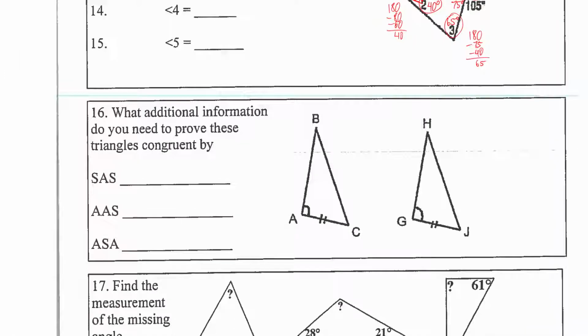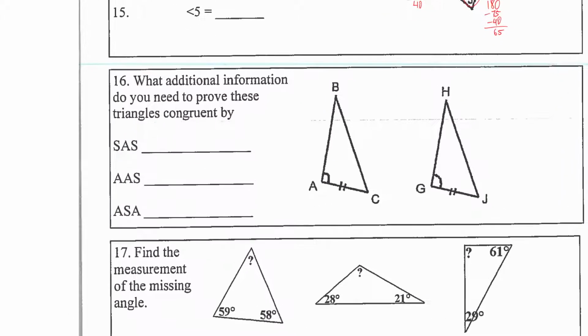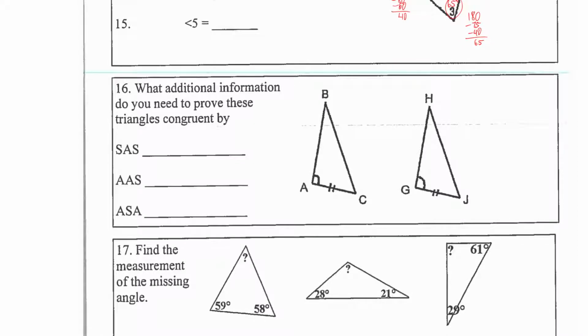Okay, on this one, what additional information am I going to need? For SAS, what else do I need to know about these two triangles? I need to know that AB is congruent to GH, because then that would make side angle side. That's what I need.